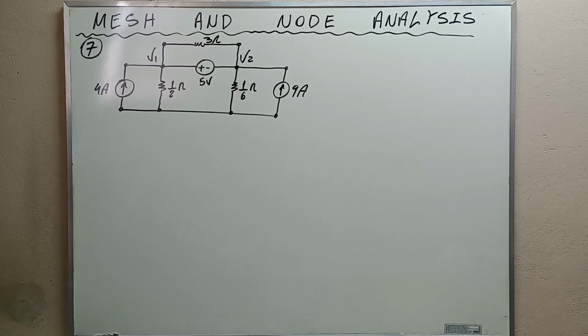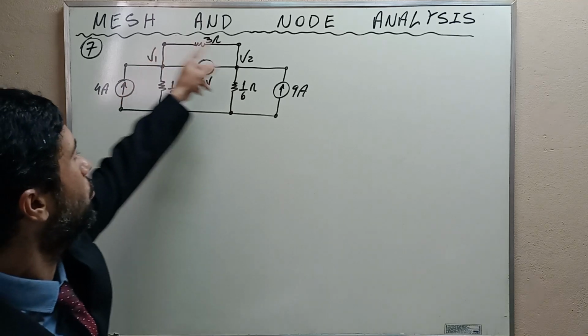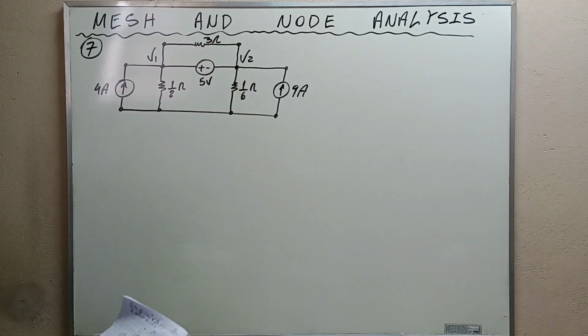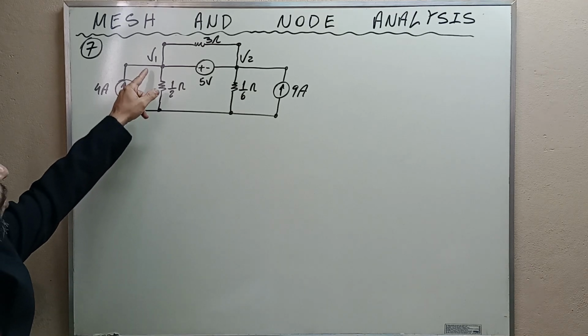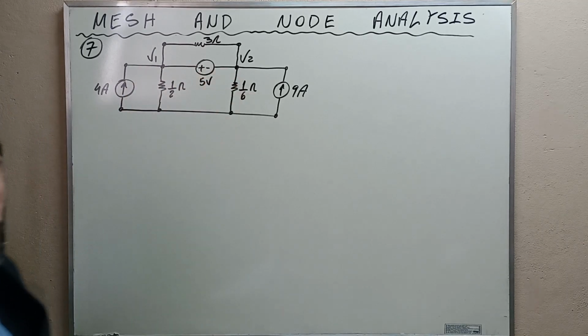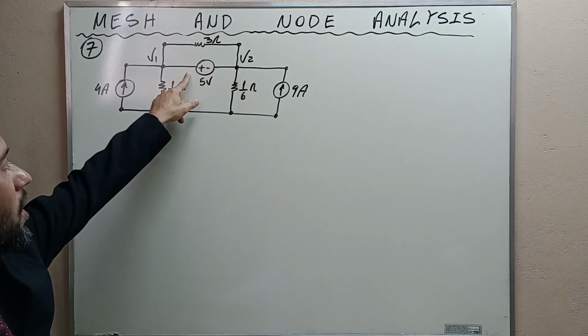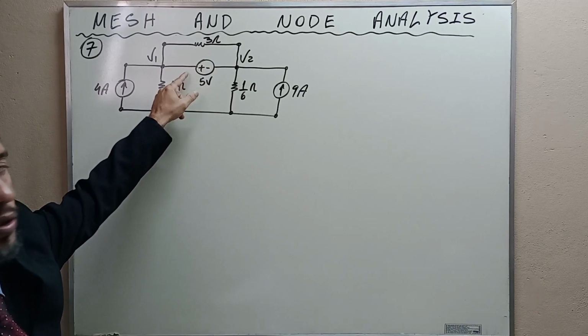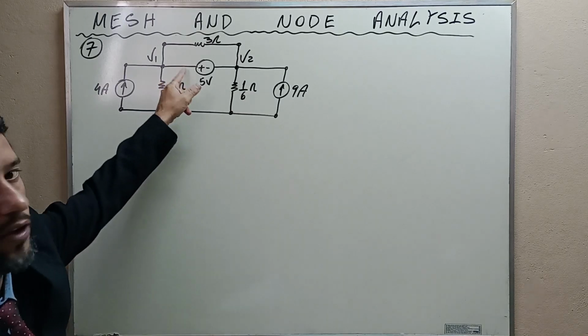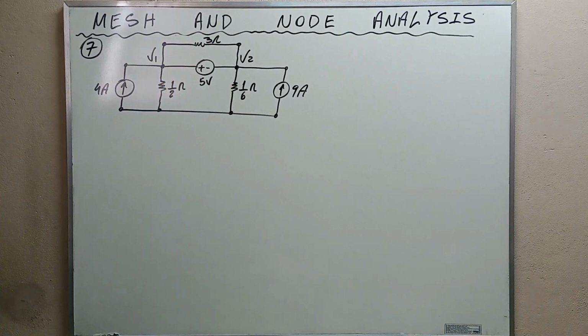Therefore, we are going to create a supernode here, because we cannot write node equations for node 1 and node 2 independently, because we cannot model the current flowing here, okay? There is no resistance. As we cannot do this, we are going to use a supernode, okay?